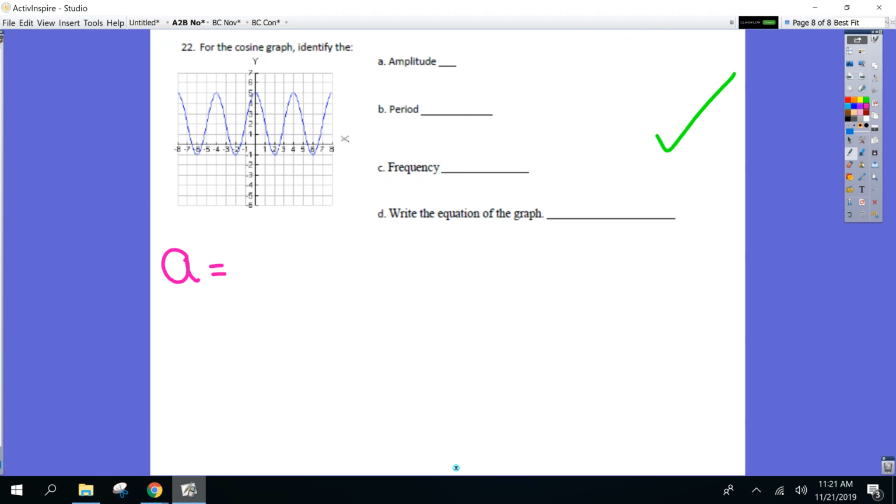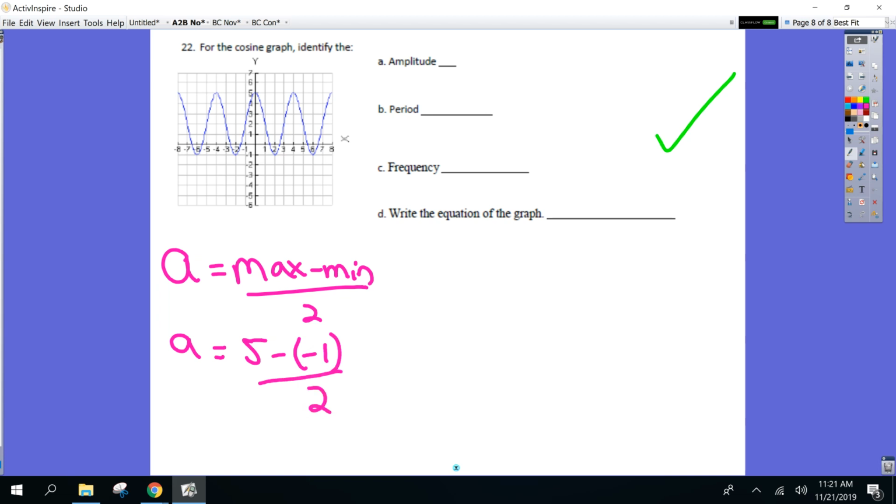How have we been finding it all unit? Yep, go ahead, Art. What's the max it reaches on the y-axis? 5 minus how low on the y-axis? So 5 minus -1 over 2. The A value is 3. Yep.